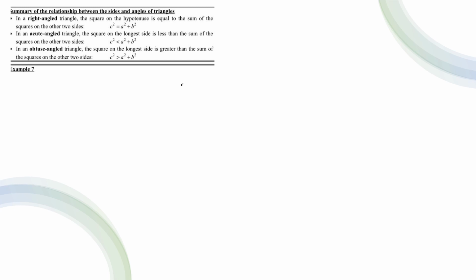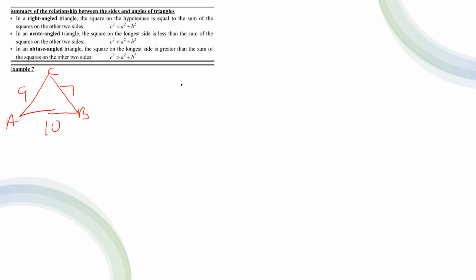So for example, if we have a triangle ABC with the numbers 10, 9, 7, and you are asked to determine whether triangle ABC is an acute angle or obtuse angle.